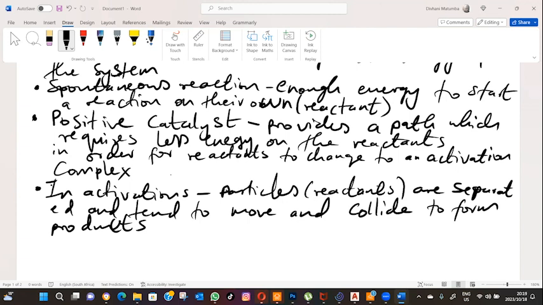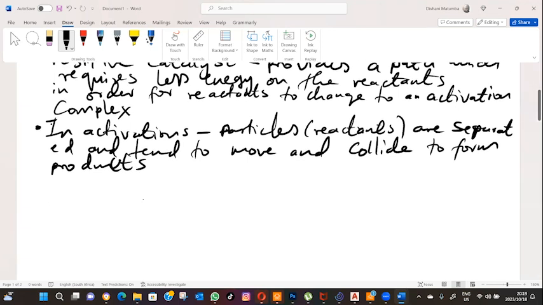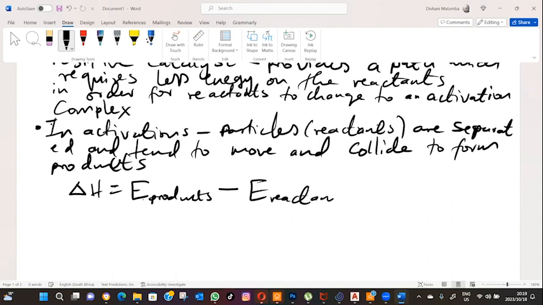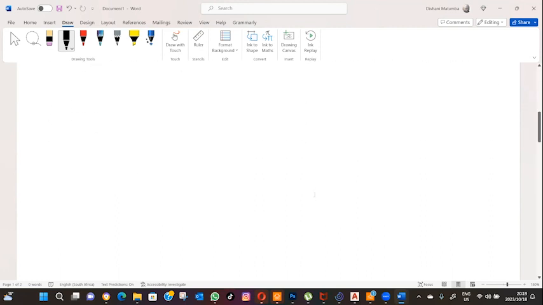Now, an equation for the heat of reaction: the heat of reaction is given by the change in energy, which is the energy of the products minus the energy of the reactants. That makes sense, doesn't it?